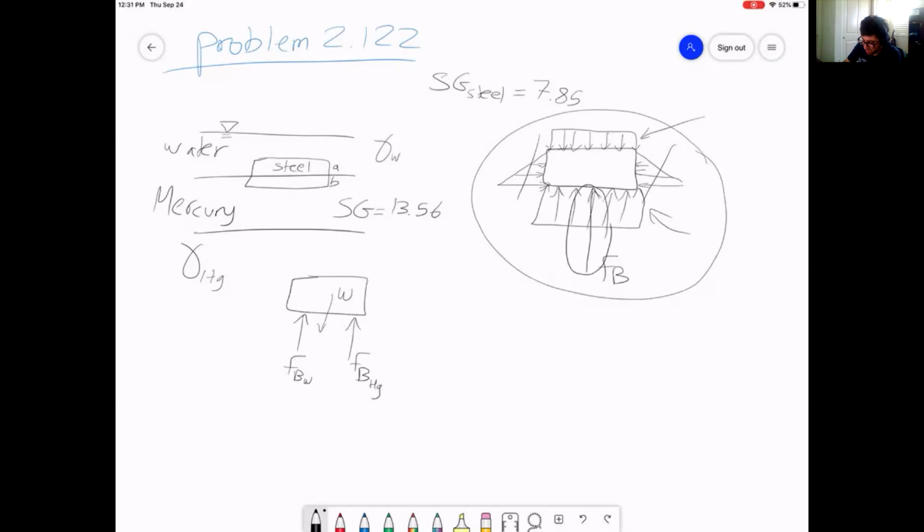I think the problem tells you it's in equilibrium. So the summation of forces in the y direction should be equal to what? Zero. So if you expand this, how would you write the equation?